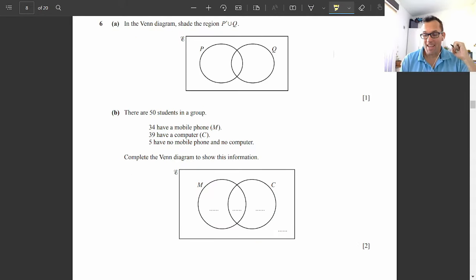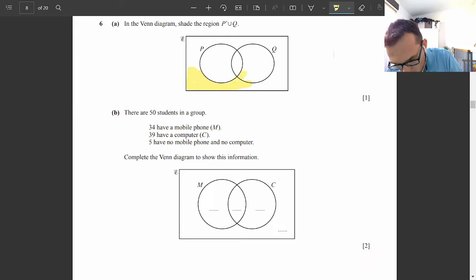Question 6, Venn diagrams. My favorite. I love these things. Let's get right in there. In the Venn diagram, shade the region, the complement of P in union with Q. So we just start. Complement of P means everything that is not P. So let's shade everything that is not P. Shade that nicely. Okay, no overlaps.